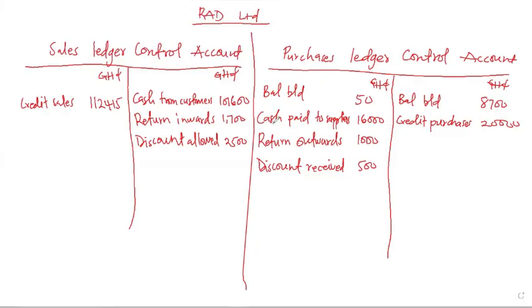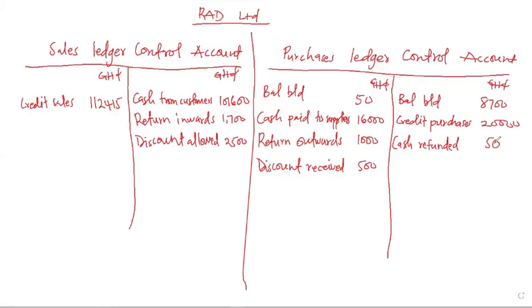So this cash that has been refunded to suppliers, we have to credit it. So cash refunded to suppliers will be credited here. Cash refunded is 50 cedis.